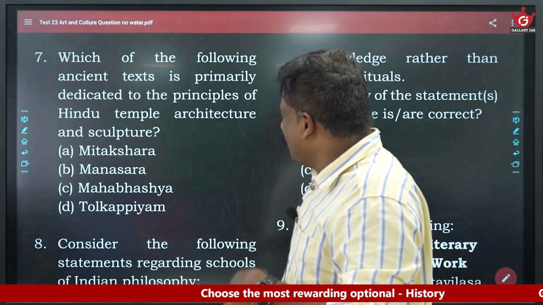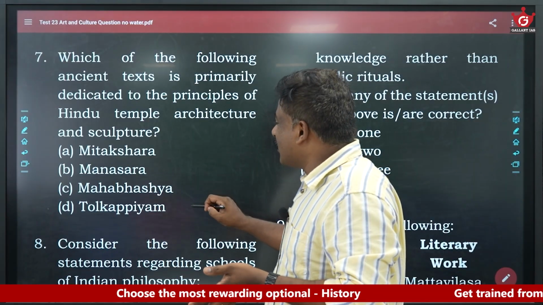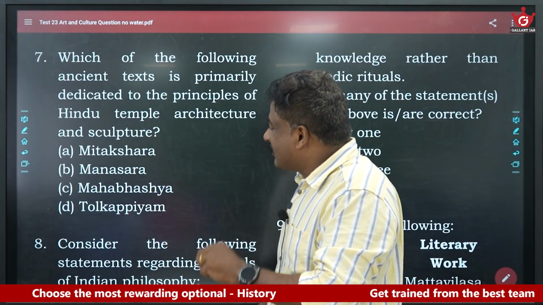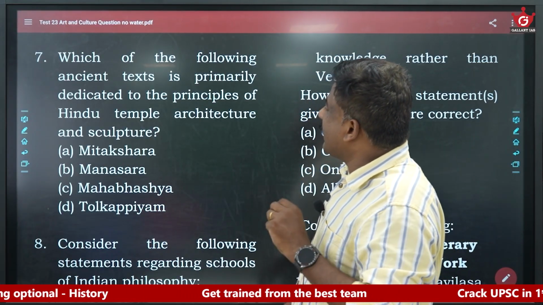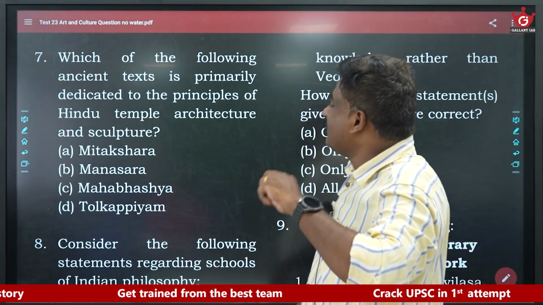So you will definitely eliminate Mahabhashya, Tolkappiyam, Mitakshara. Then the only one connected is Manasara. That is the text primarily dedicated to principles of Hindu temple architecture.